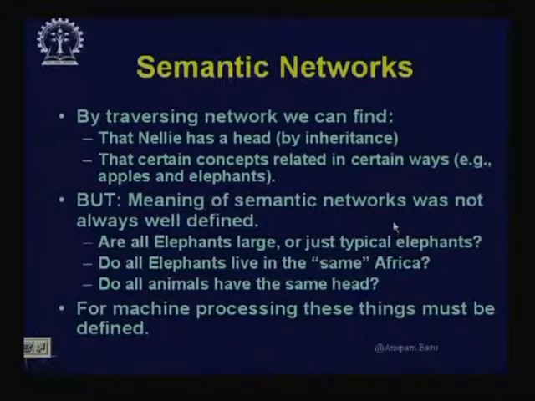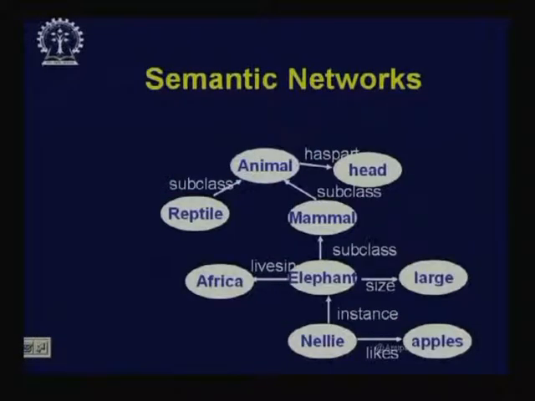But the meaning of the semantic network was not always well defined. Even in this case, not all the meanings are very clear from the description that we have given. For example, we cannot really say are all elephants large or just typical elephants large. In the real world, maybe all elephants may not be very large, but as we have done over here, it is apparent that we will infer all elephants to be large.